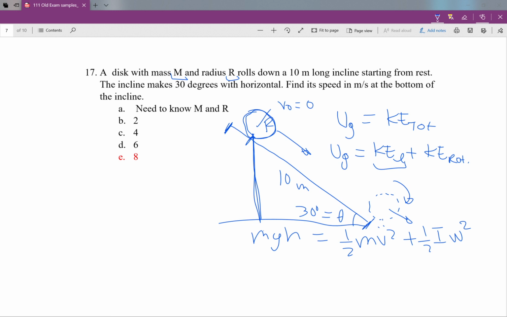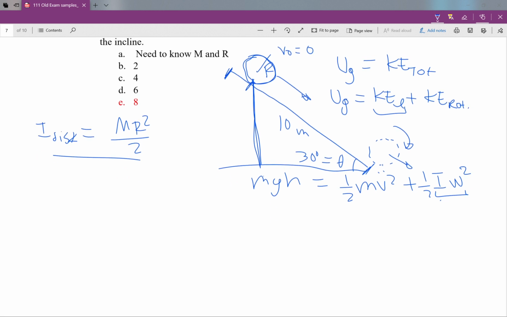Now, we want to solve for the final velocity, so we have to change this over here. We know that this is a disk, so the moment of inertia of a disk, from your formula sheet, will be the mass times the radius squared divided by 2. We can use that in the conservation of energy equation and solve for v.